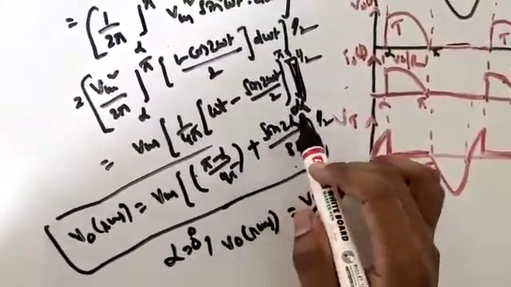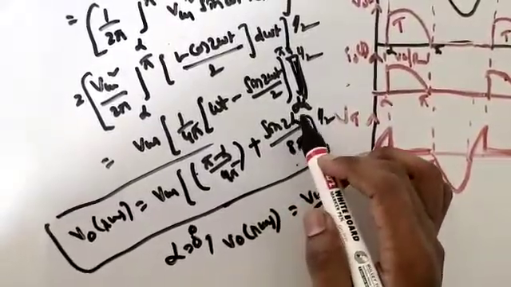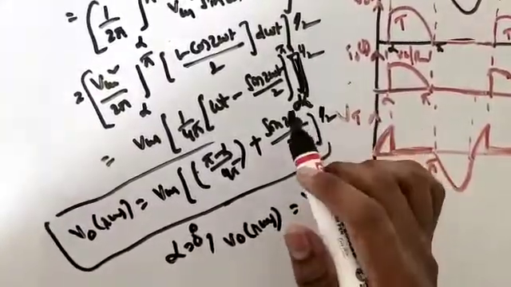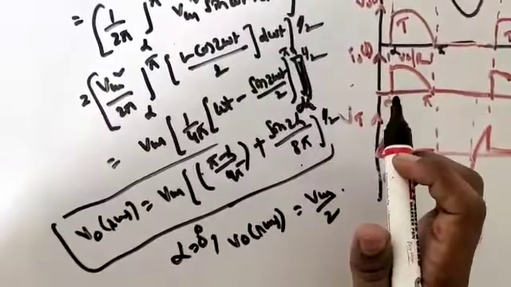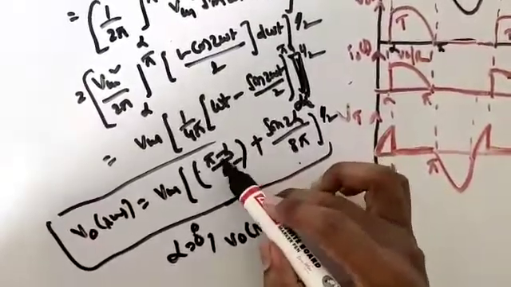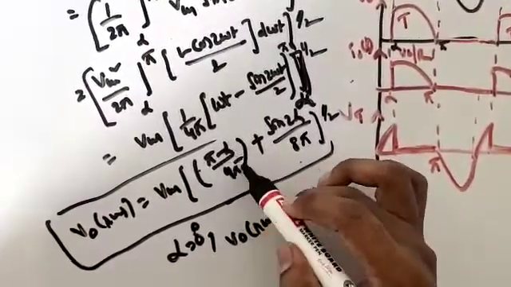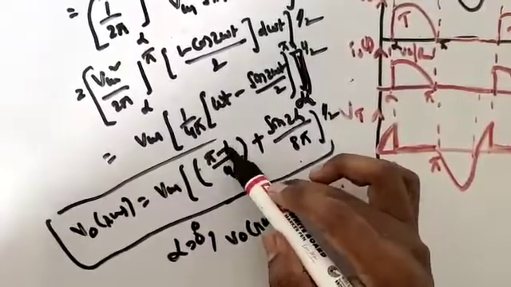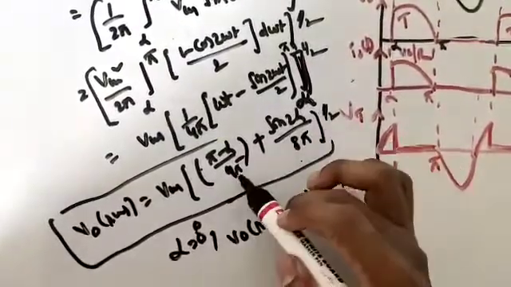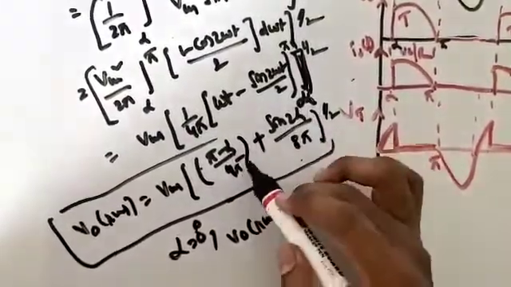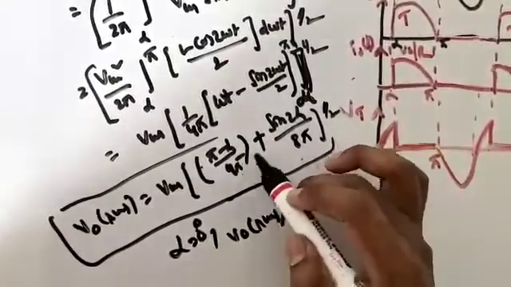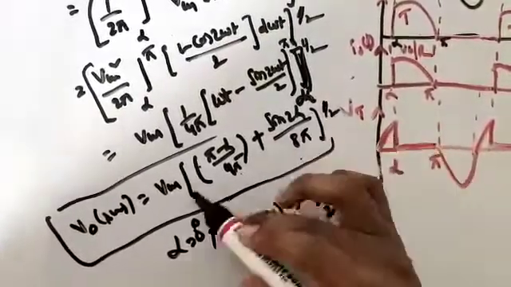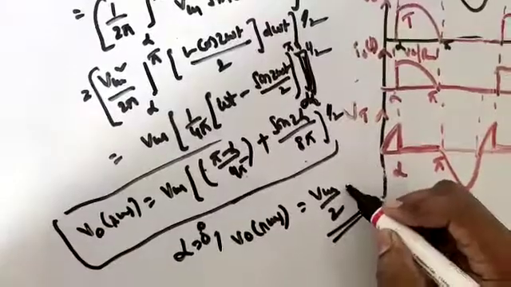Sine 2 alpha becomes sine 0, which is 0, and pi minus alpha by 4 pi becomes pi by 4 pi, so pi and pi cancel out. So 1 by 4 whole power 1 by 2, which is 1 by 2. So Vm by 2 is the answer.